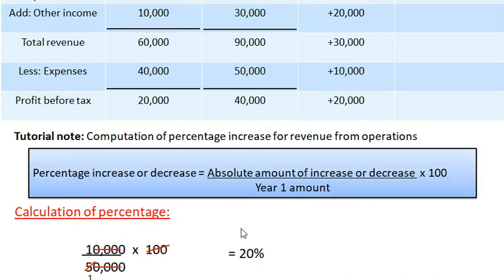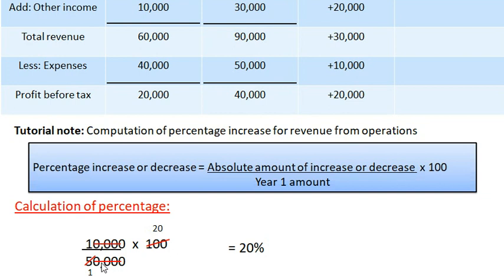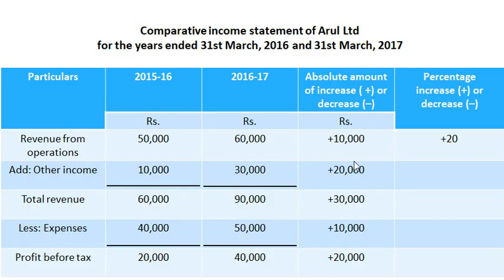Absolute amount is 10,000, year 1 amount is 50,000, and we have to multiply by 100. 4 zeros get cancelled. 1 times 5, 20 times 5 is 100. So the percentage of revenue from operation is 20%. As the absolute amount is increasing, the percentage will also increase. After finding revenue from operations, now we will find the percentage for other income.